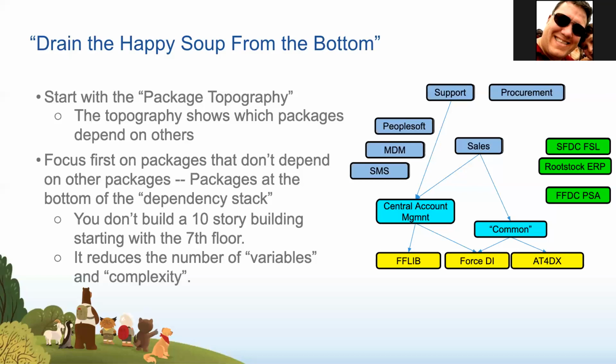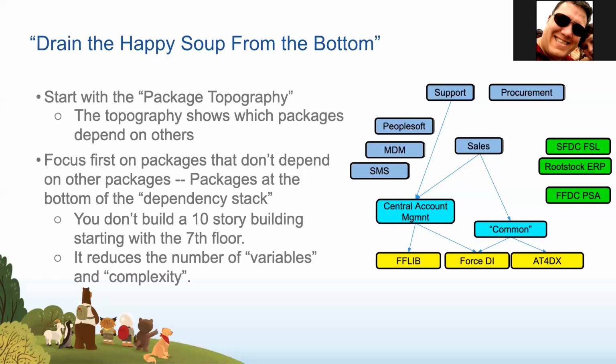So by the time the common and the central account management and all the framework packages are done, and the engineering team says, let's focus on the sales package, the sales team has their house in order. And you only need the extra resources for a time, because once you have everything refactored and you're waiting to go into package land, you're just doing new feature development. Once you've got the patterns down, you don't need the extra help to get you over the hump. Does that make sense? Yes, sir.